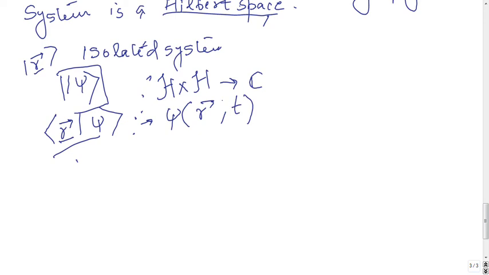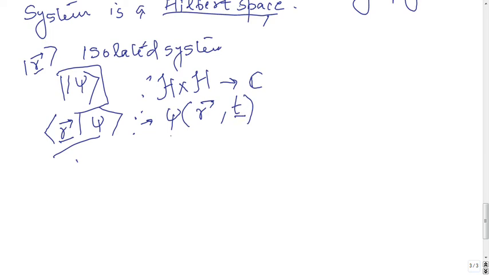If it is located at time t naught at some place r naught, and at some future time t1 it is located at r1, we need this time parameter also.